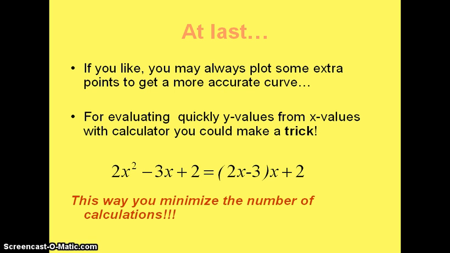Let's read this equality that I have written in this manner and put 5 in the x. Open bracket, 5 multiply 2 minus 3, close bracket, multiply 5 plus 2.